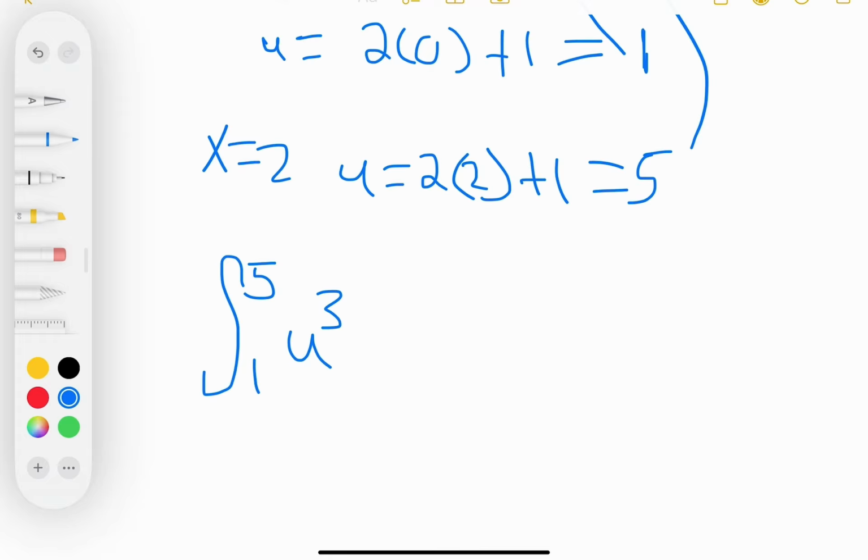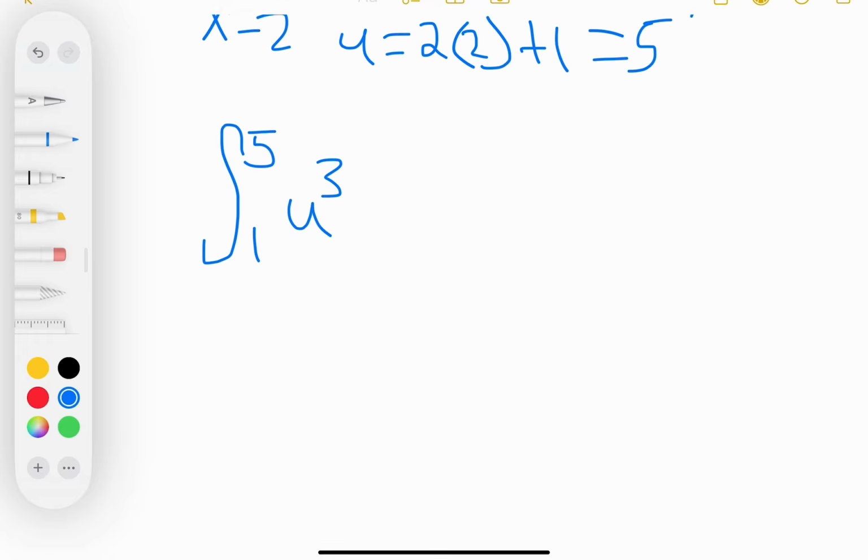And now my favorite part, I want to integrate this. So we get u to the fourth over 4, so we're going to take the antiderivative like usual.